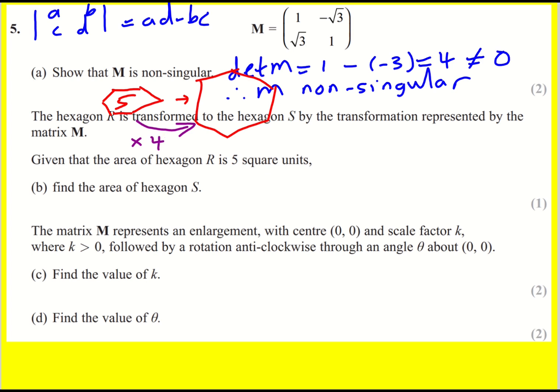So it all comes together from there. The area is going to simply be 5 times 4, 20 square units.